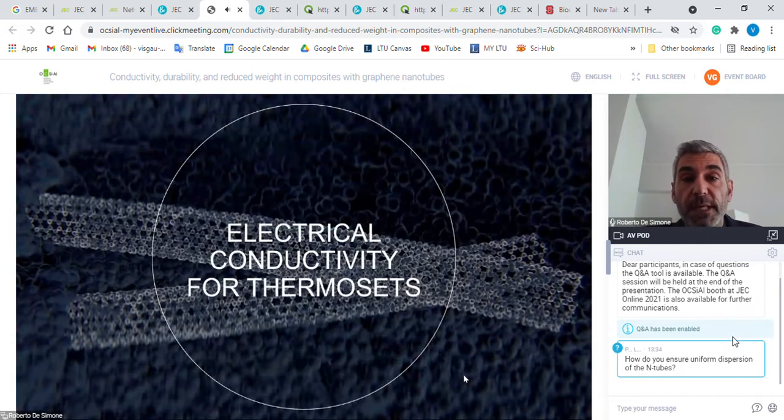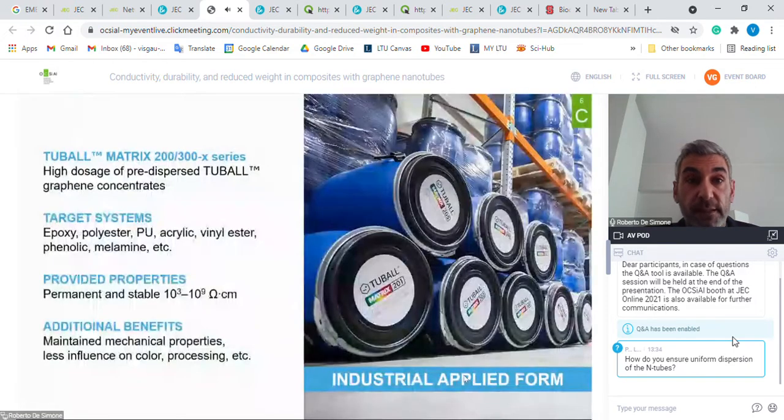Just to give you some tips about the electrical conductivity properties. As I mentioned before, we developed this Tubal matrix series 200 and 300, where a high dosage of Tubal is pre-dispersed in a different kind of carrier, which could be compatible with the target system when we are going to disperse Tubal in, like thermoset resin, like epoxy, polyester, PU, acrylic, vinyl ester.